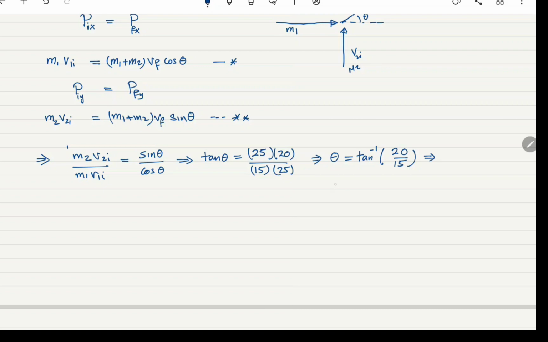So theta equals 53.1 degrees. Just substitute theta in one of these two equations and you will get v final equal to 15.6 meters per second.